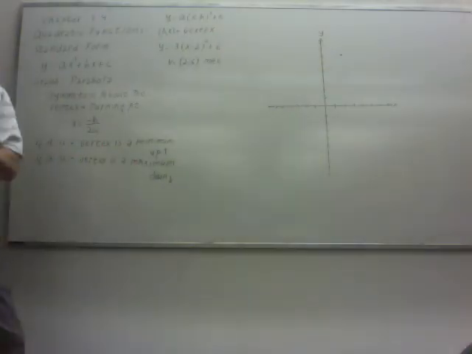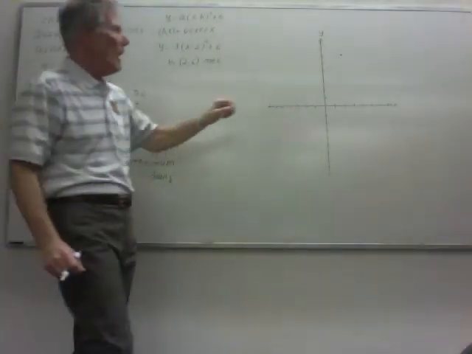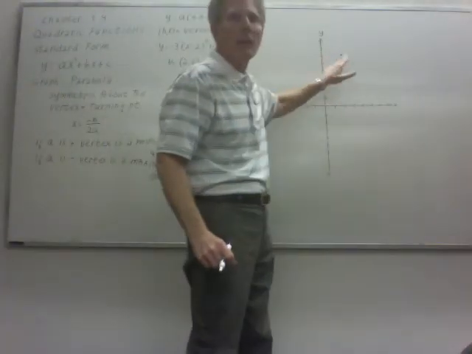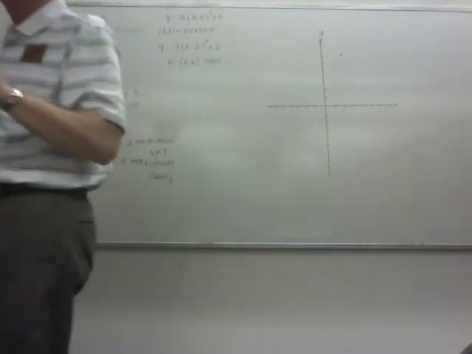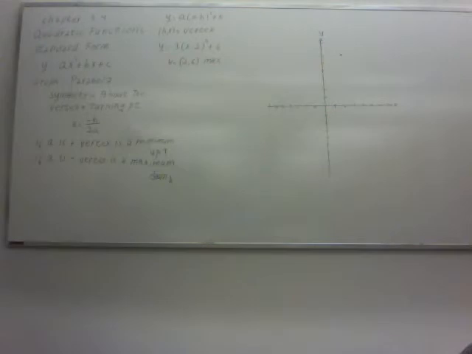Now my vertex is a maximum, which means my parabola opens downward. So this graph, again, is definitely going to cross the x-axis in 2 places. How do you find the x-intercepts of any function? Let y be equal to 0.